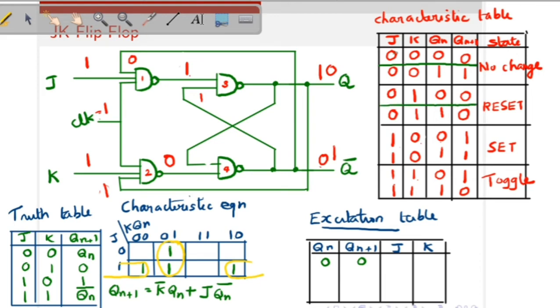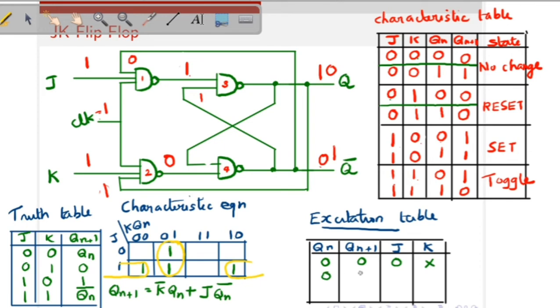For the first one J is equal to 0, and for the second one J is also equal to 0, but K is equal to 0 for the first entry and K is equal to 1 for the second entry. So we can write J is equal to 0 for both, but K is a don't care, right?